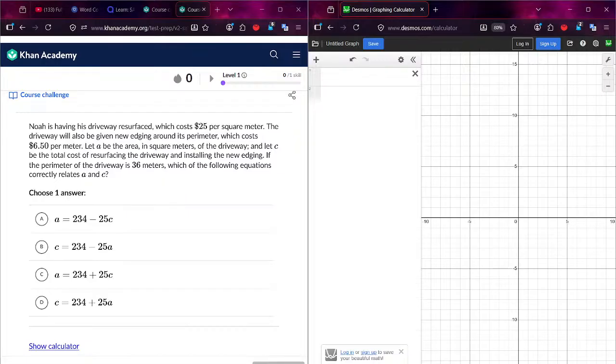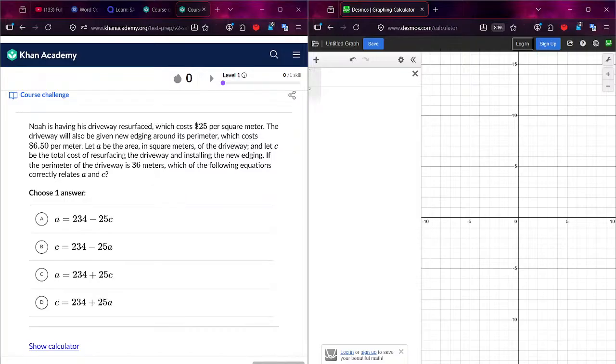The cost is going to be 25 times the area, so C equals 25A. Oh wait, there will also be edging around the perimeter, which costs $6.50 per meter. So that's an additional cost.